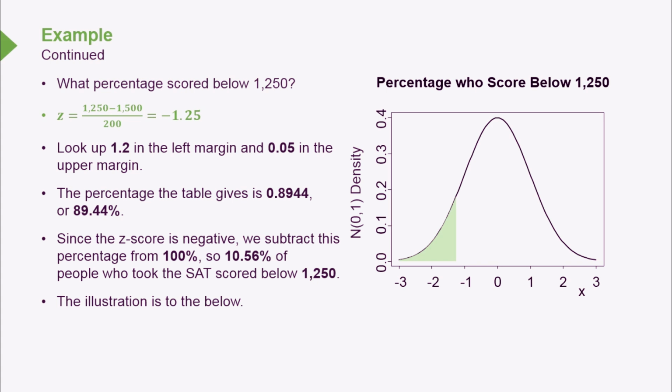So we'll find 1.2 in the left margin, 0.05 in the top margin, match them up, and we get 0.8944 as the percentage in the cell that corresponds to both of those. But since the z-score is negative, we want to take that percentage from 100%, so we get 10.56% of people who took the SAT scoring less than 1250. And the illustration on the right-hand side demonstrates the example that we just did.